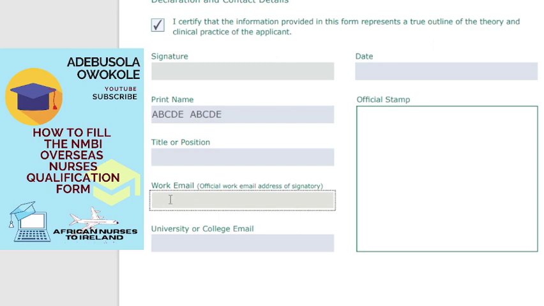That's why they don't really want to see Yahoo mails, Gmails. But for any reason, if your school is using Gmail or Yahoo mail or any other mail, then they need to write an additional letter, an additional declaration that this is the official email of the school, which we have used in all our correspondence with NMBI.